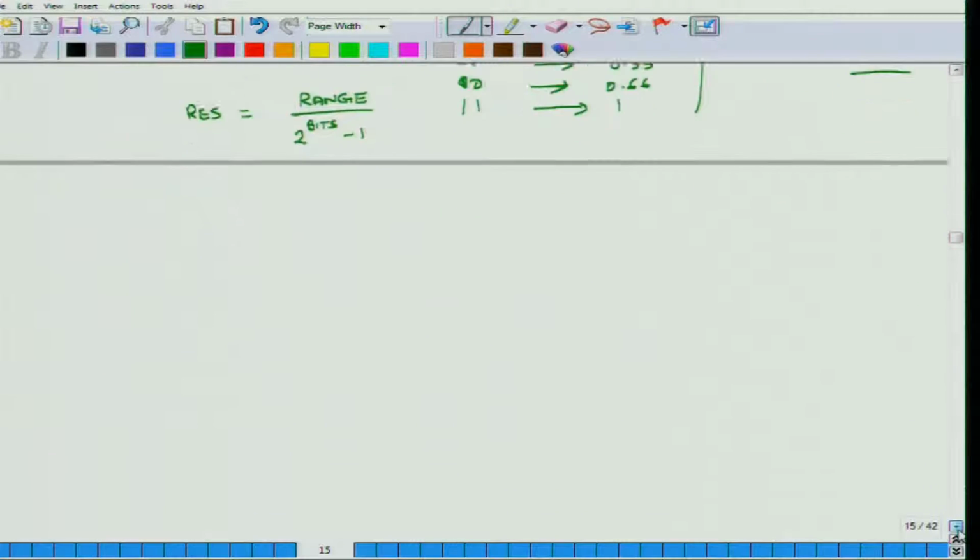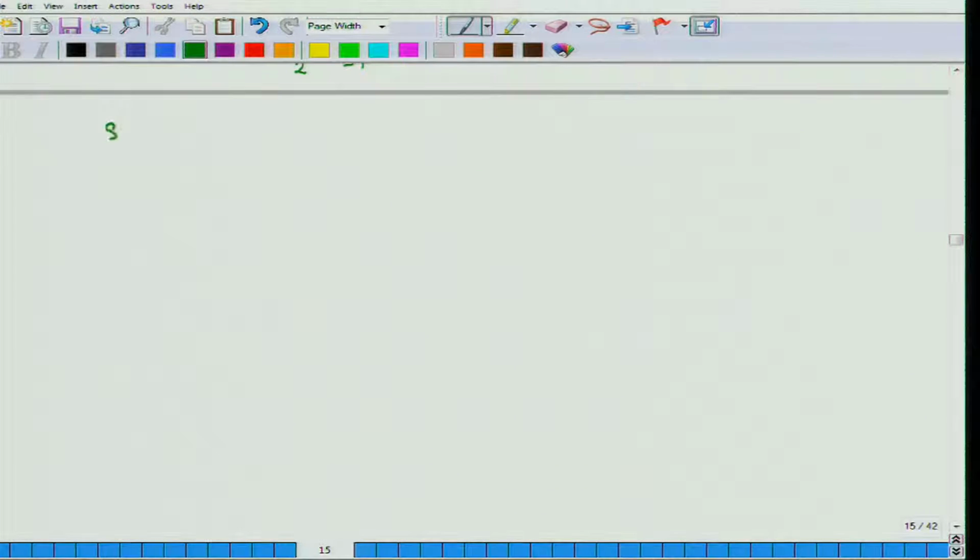Okay. So, if it is an 8-bit device, resolution is range divided by 2 to the power of number of bits, which is 8, minus 1.